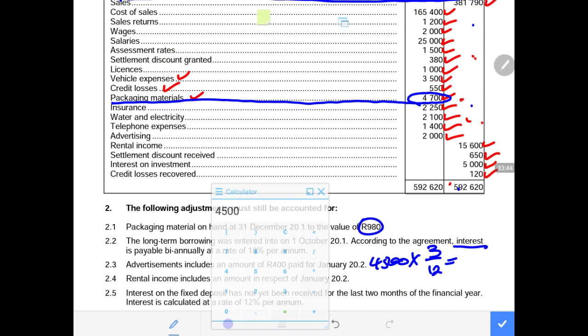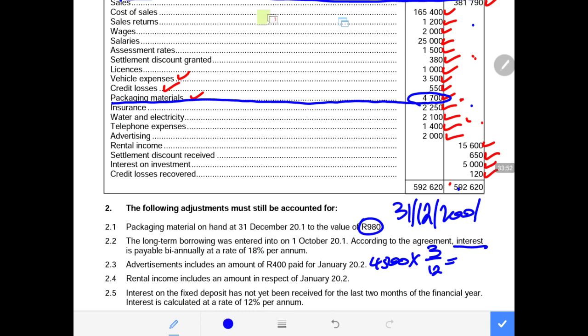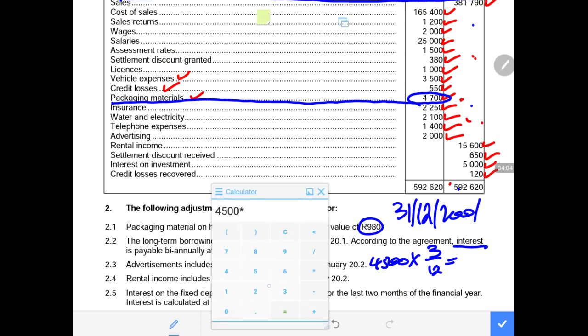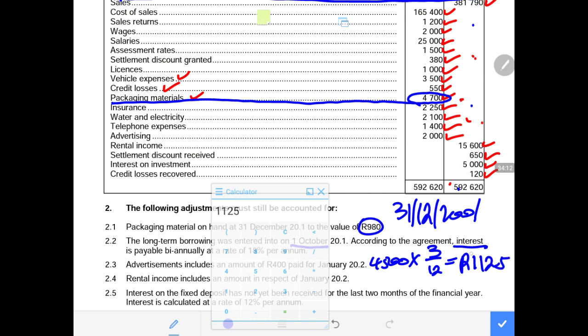I'm focusing only up until 31st of December, current year 2001. Since the loan agreement was entered on 1st October, it should be October, November, December. The interest that you're supposed to pay up until the end of the current year is only for 3 months. So now let us look at this amount times 3/12. Now this is the amount that you're supposed to pay, 1,125.